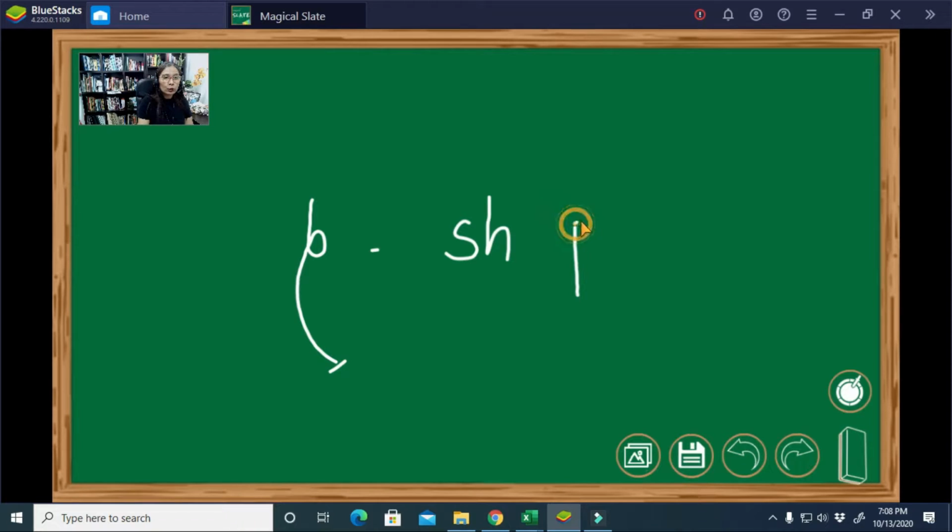So we do have letter P here. So what is this sound now? Okay, very good. It's the sound of E. So we have E. The word now is ship. Very good. Next example.